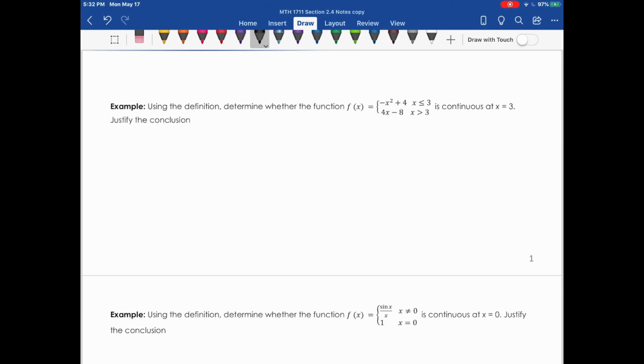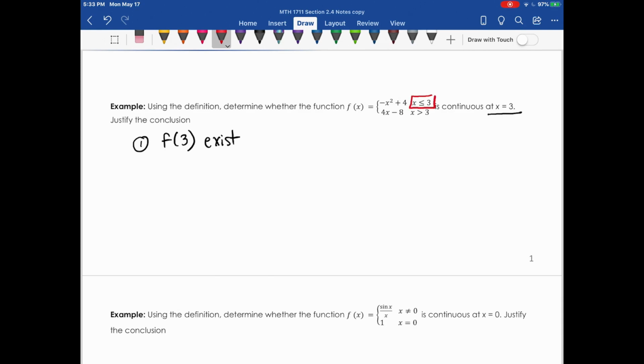Okay, looking at the next example, we're looking at a piecewise function, and the question is asking us, is this continuous at x equals 3? So we want to go through the list of properties and make sure all the properties are satisfied. So for property 1, does f of 3 exist? Is it defined? Well, if I plug 3 into this piecewise function, I want to make sure, first of all, because this is a piecewise function, I'm plugging it into the correct piece.